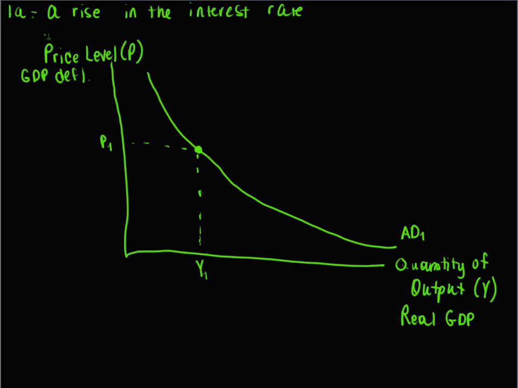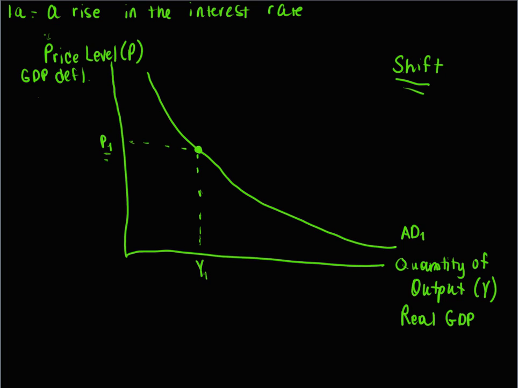In this problem, there has been no change in the price level. The price level is staying at P sub 1. The only thing that has changed is the interest rate. So here we are talking about a shift. And if you look at the chart that describes the factors that shift aggregate demand, change in the interest rate is one of them. So we're definitely talking about a shift.